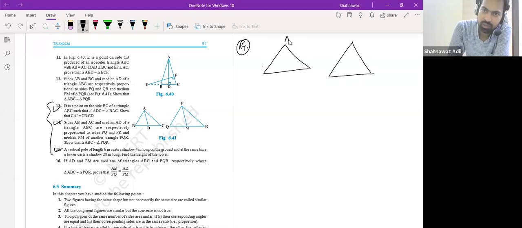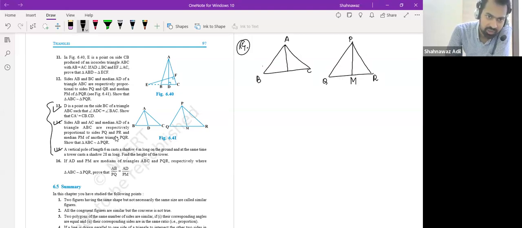So A, B, C, and P, Q, R, and it has a median also. So AD is a median, and the other one is PM, not the prime minister, but PM. So yeah, PM is the median.